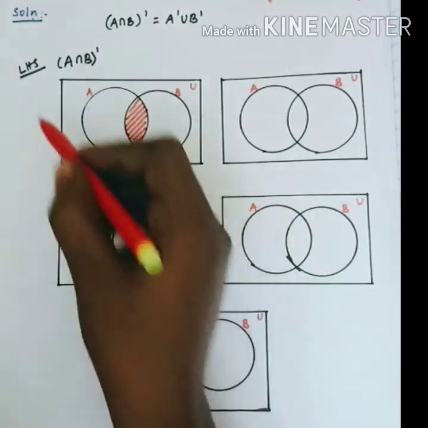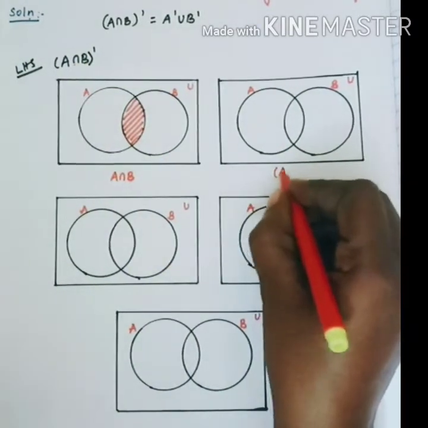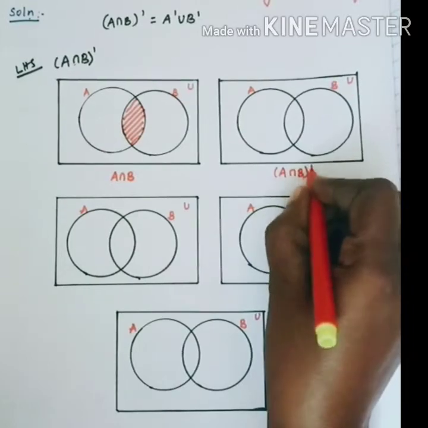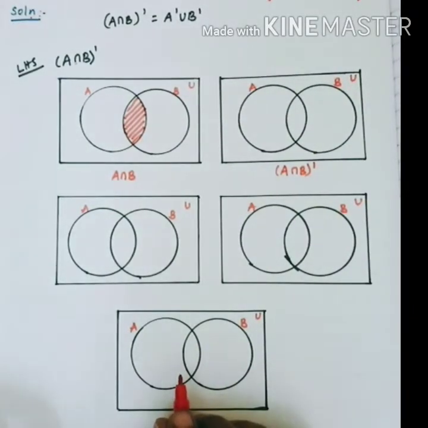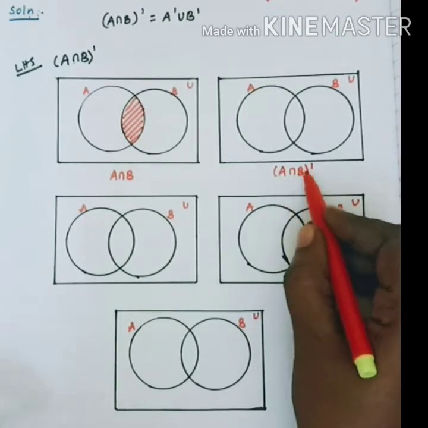Now we have to identify this left hand side fully. Left hand side we have (A intersection B) dash. Whenever this dash comes, you have to omit this part.